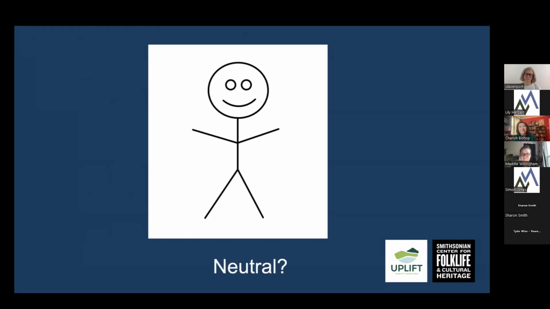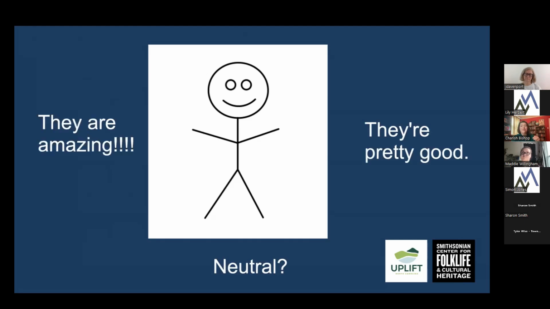Are you feeling they're kind of neutral, they're okay, right? Yeah, this is the kind of volunteers that show up, or are like, oh, they're pretty good. They're pretty good, right? There are some things that we need some improvement on, right? Or they're amazing. Oh my gosh, this whole event, like we can't run it without them.